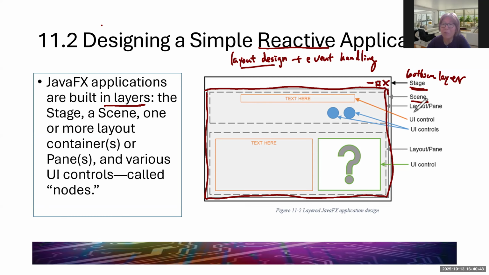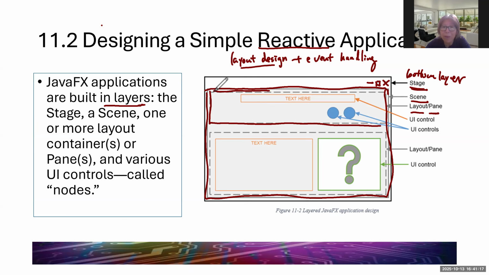You can have different groups of layout. On top of the scene, we put layouts, or we call them panes, just like a canvas painting where you have nature, scenery, and then you have characters. You group that.